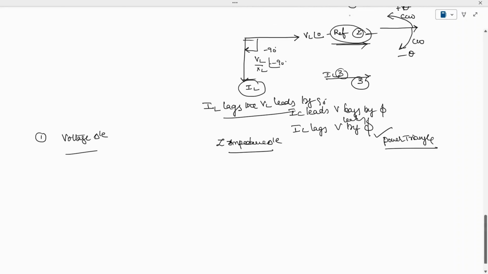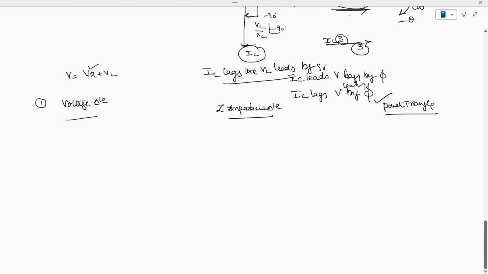So we are going to construct V is equal to VR plus VL. Okay, so first I'm drawing the voltage across the resistor. This is nothing but the voltage across the resistor. We are at an angle 0, and now we need to draw the value of VL. VL is equal to I into plus jXL. So this I can write down as I times XL at an angle of 90 degrees. So how to draw this 90 degrees is, we need to draw it in an upper direction. So this is nothing but at an angle of 90.